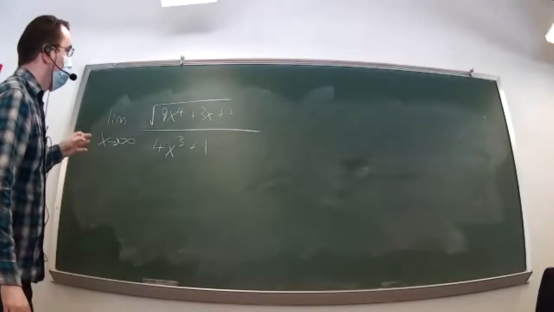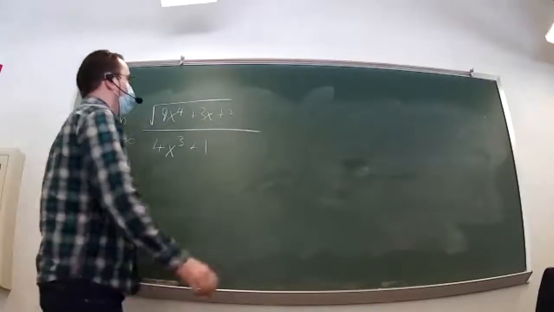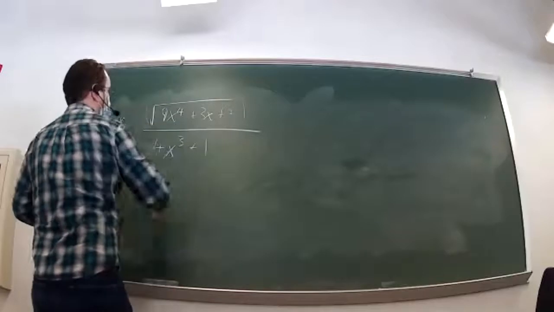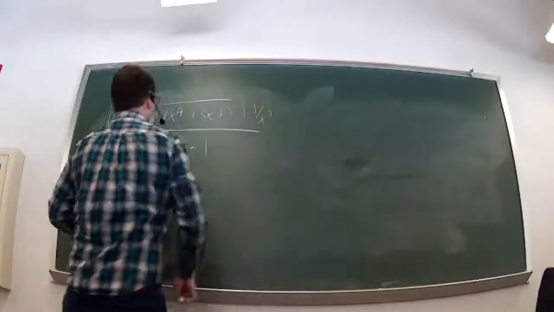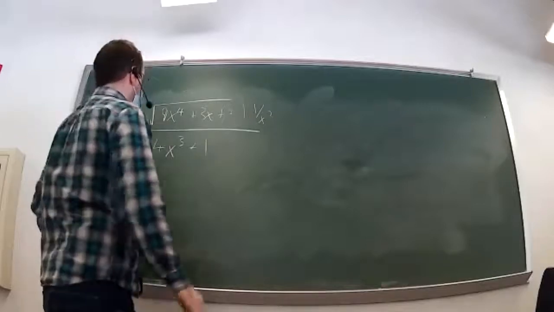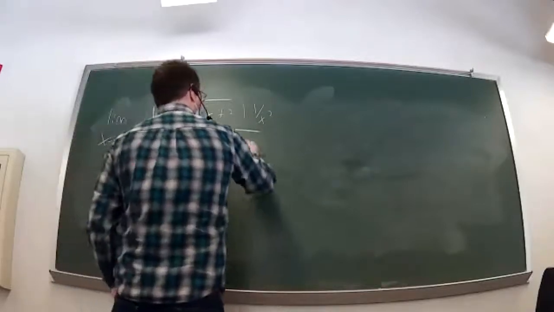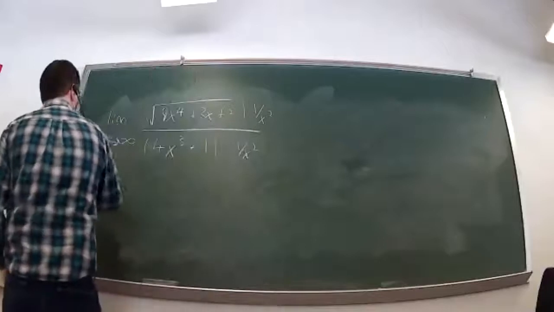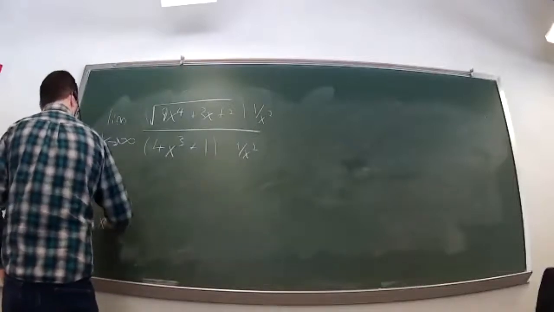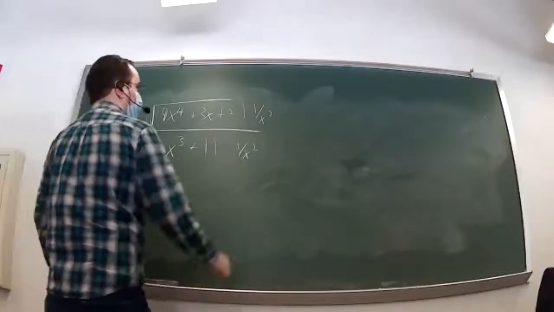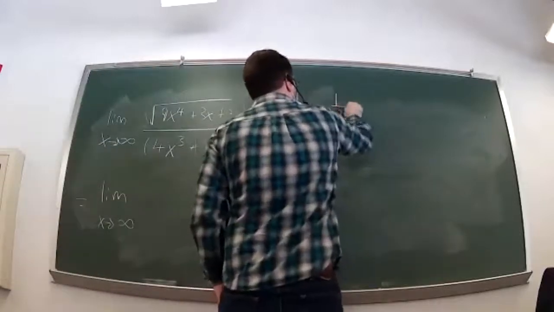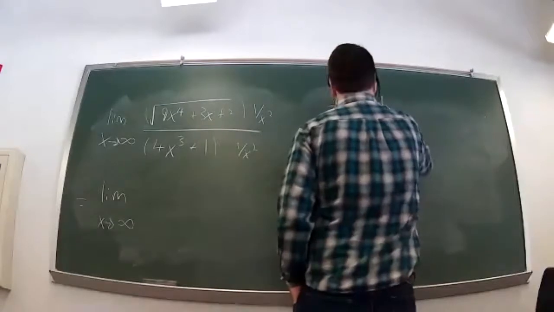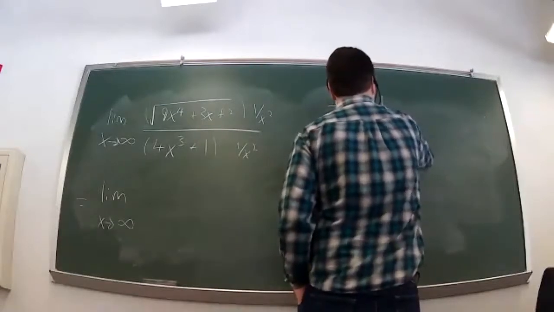You want to do this trick again of dividing by the highest power in the denominator, but you should think of the highest power in the denominator as being x squared, because of the square root. And if you do that, how do you bring something into the square root? So 1 over x squared is the same thing as 1 over the square root of x to the 4th.